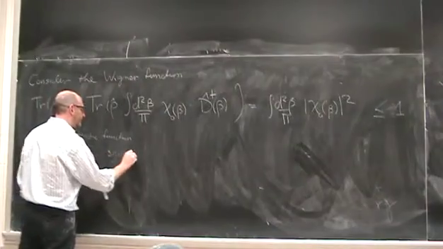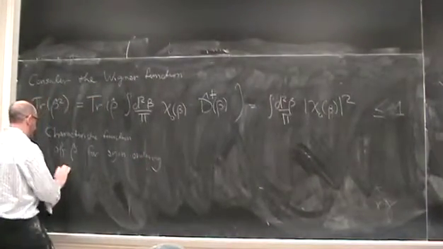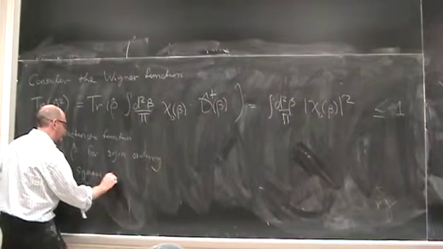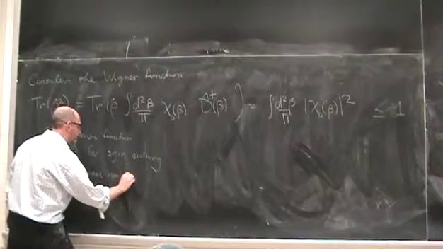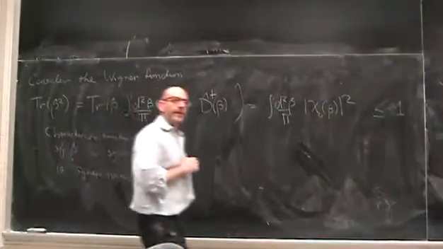For symmetrical ordering, square normalizable. Okay.